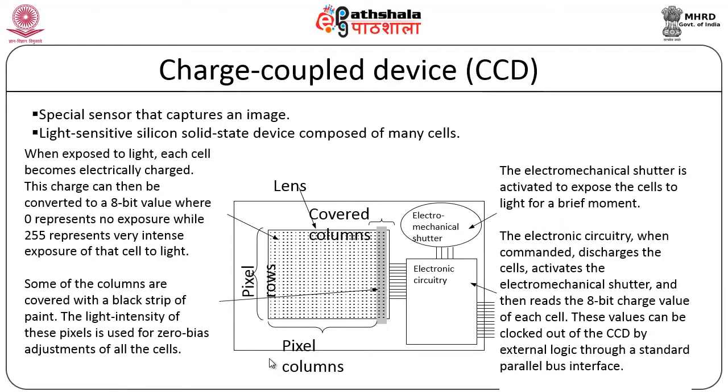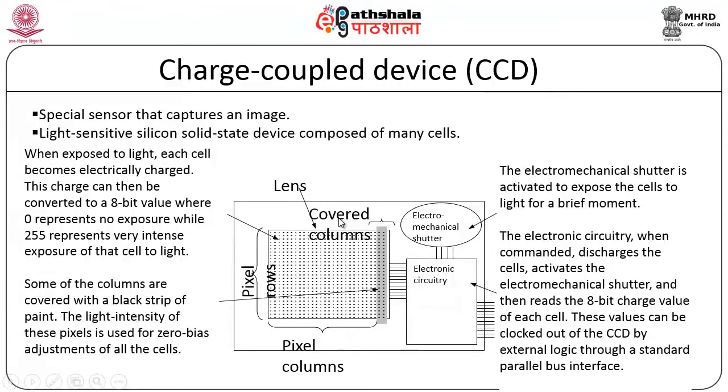As I told you, with your digital camera, the scene or picture, some object you want to capture, is placed in front of the CCD through the electromechanical shutter, and the electronic circuitry captures the image and places it onto this CCD array.